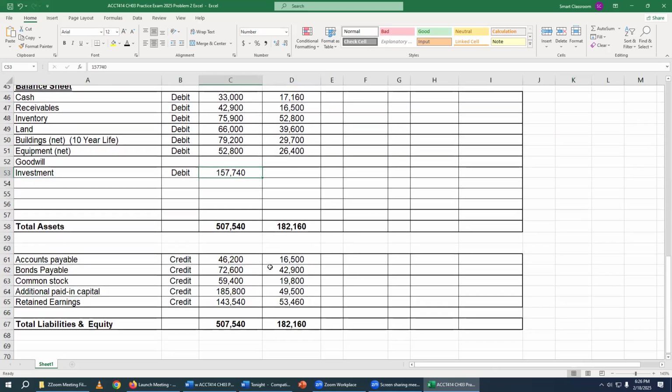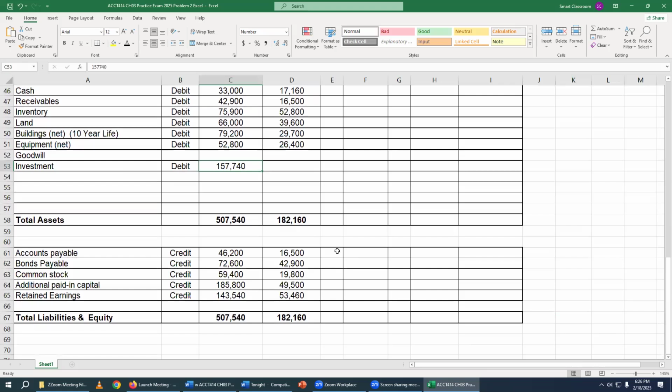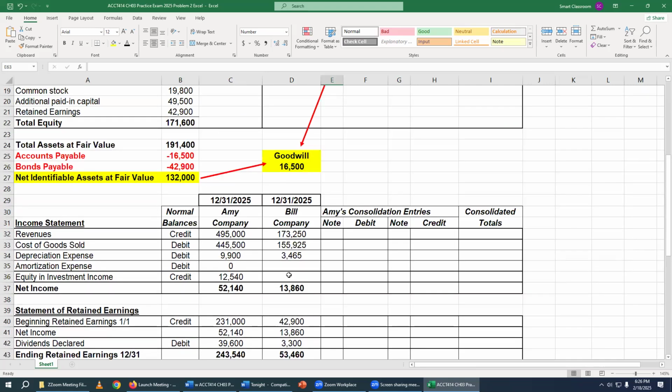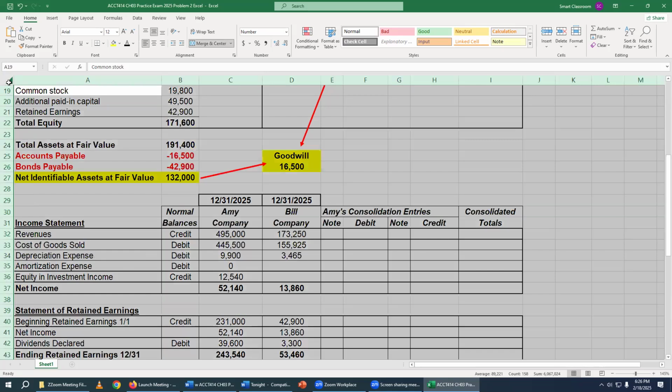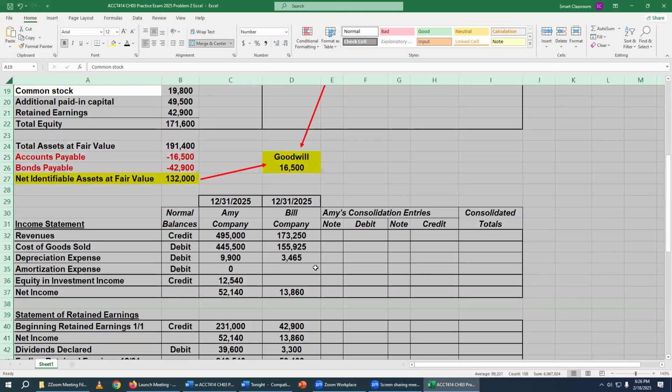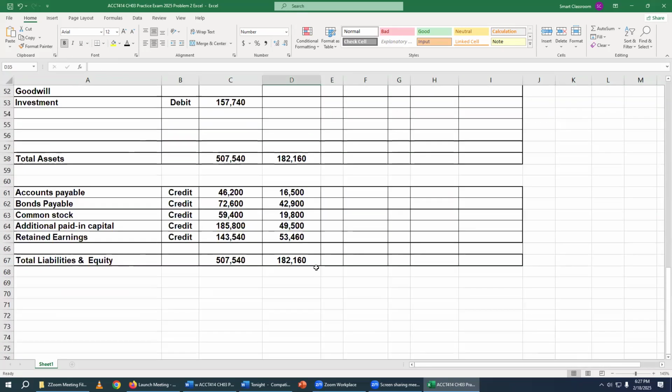So we're going to start out with our subsidiary. We've got to get rid of the stock. Okay, so stock, we've got to get rid of the stock.